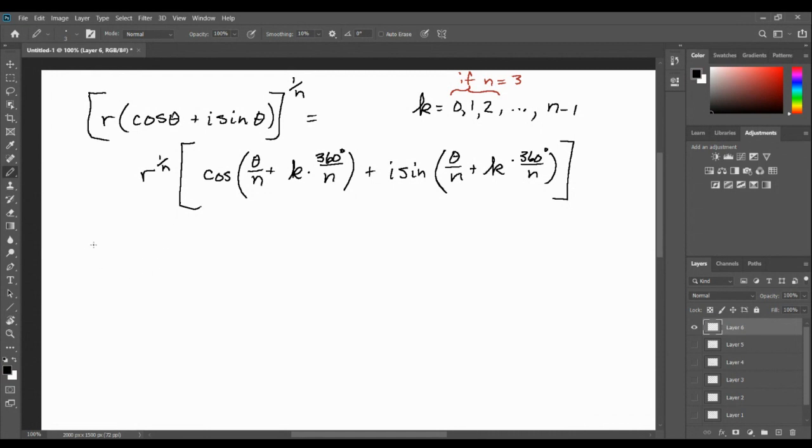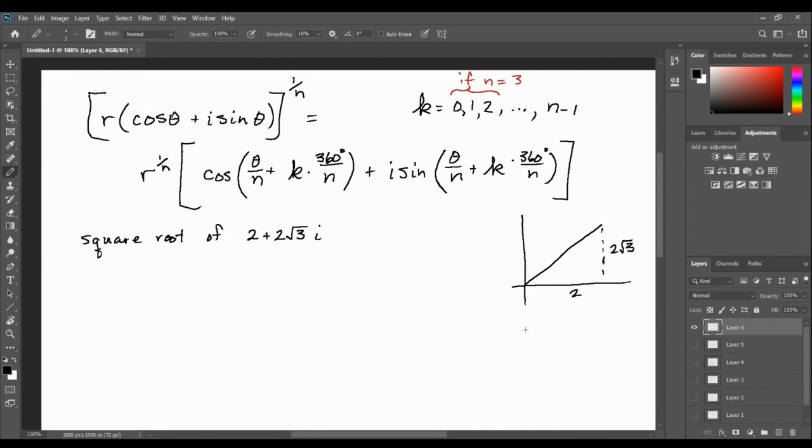Let's find the square root of 2 plus 2 root 3i. Okay, so this 2 plus 2 root 3, it's up here somewhere because it's positive a, positive b. So this would be the real, this is the imaginary.